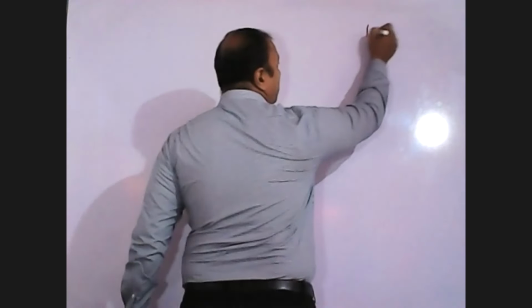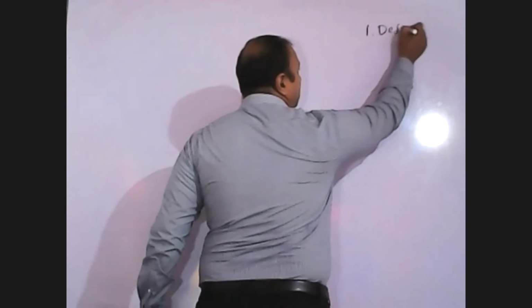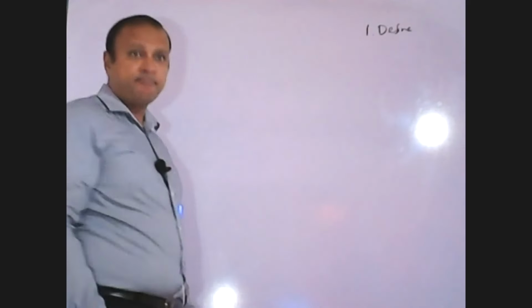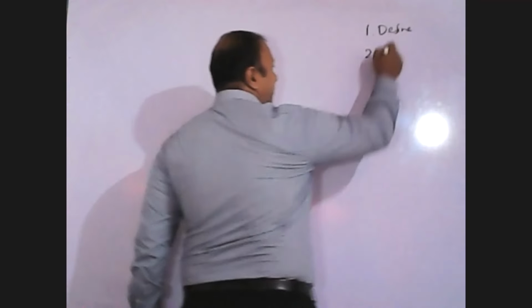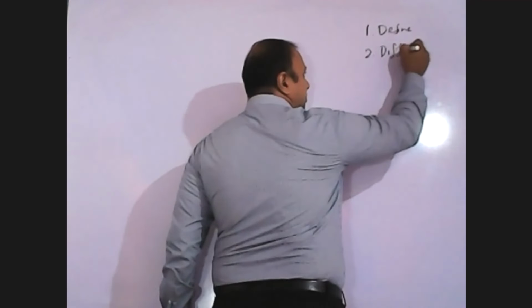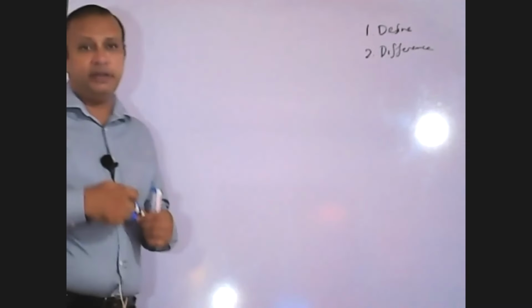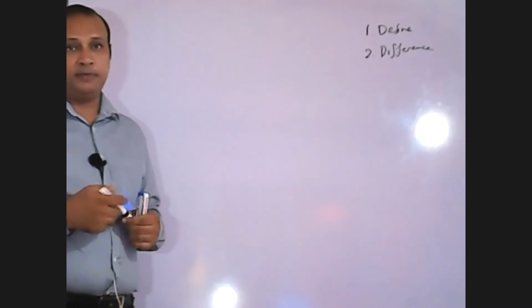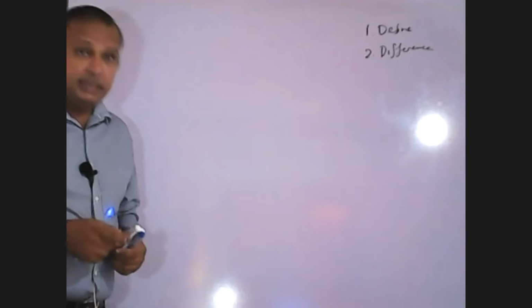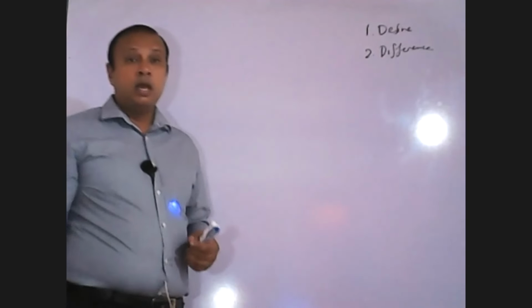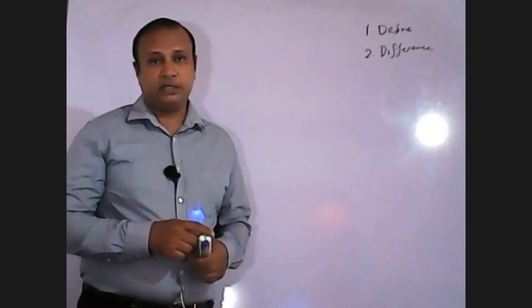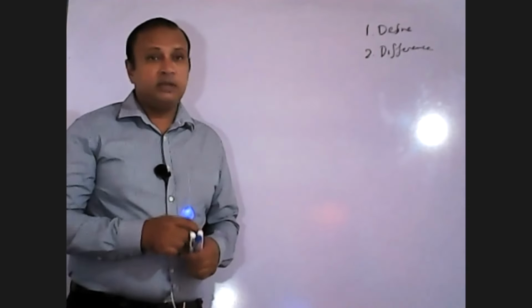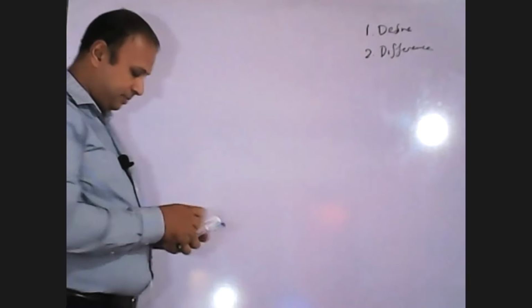Up to now we have defined what a vector is. Then we discussed the differences between vector quantities and scalar quantities. Now we are going to discuss the representation of vector.